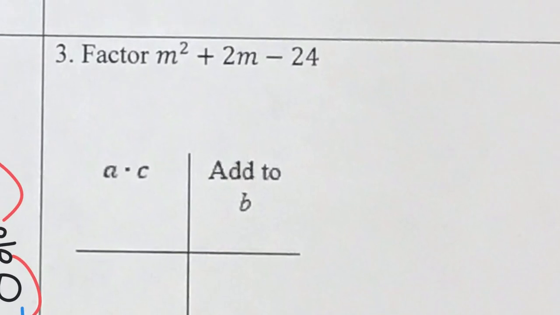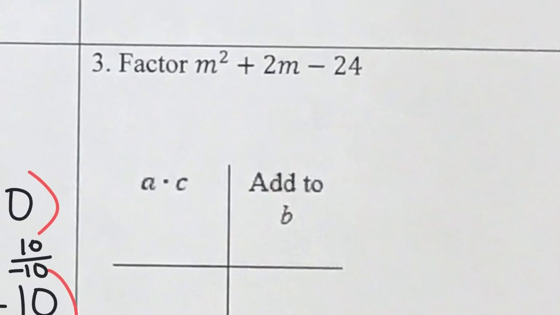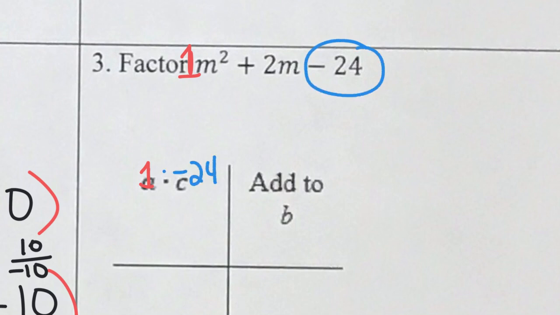M squared plus 2m minus 24. Okay, so our a value is 1 because there's 1m squared. Our c value is negative 24. So 1 times negative 24 is negative 24. And our b value, the number in front of just your variable, is positive 2.